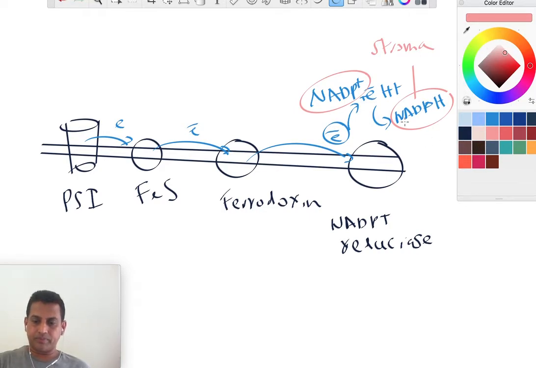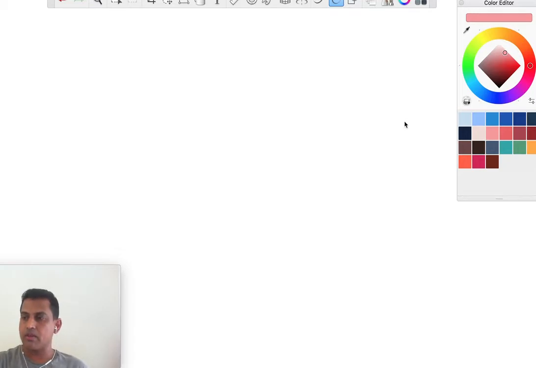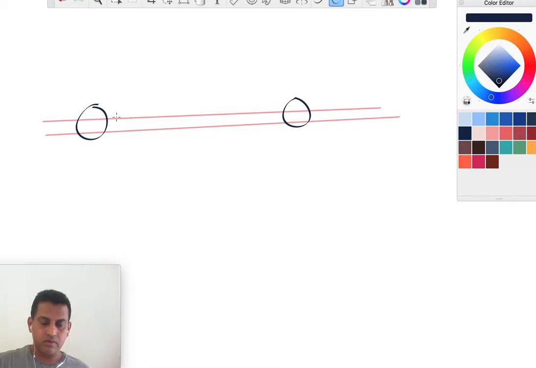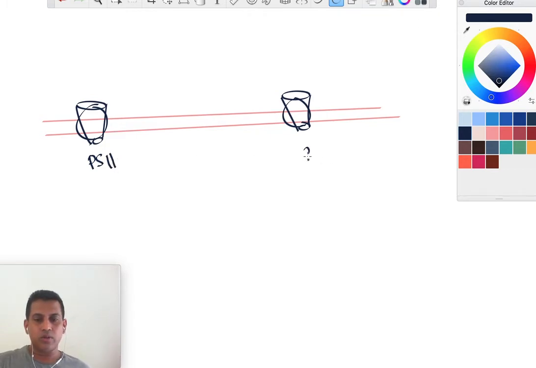Next, here just photosystem. That's photosystem 2, photosystem 1.